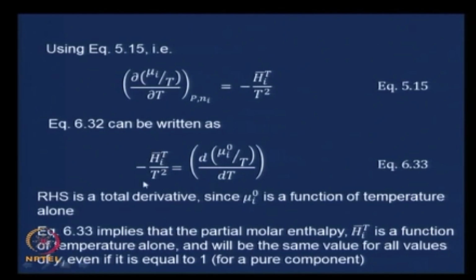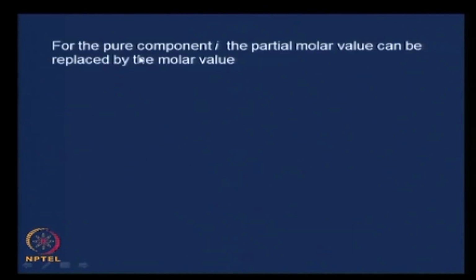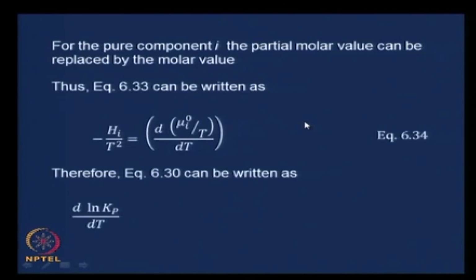Therefore, this will have the same value for all values of the mole fraction, even if the mole fraction equals 1. In other words, even if it is a pure component, this equation must be valid, and that is a powerful statement here. Therefore, for the pure component i, the partial molar value can be replaced by the molar value. This equation is anyway going to be valid.